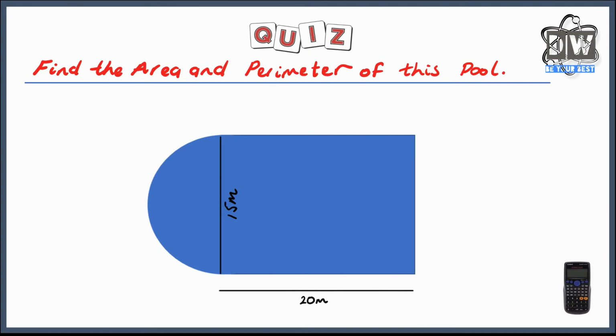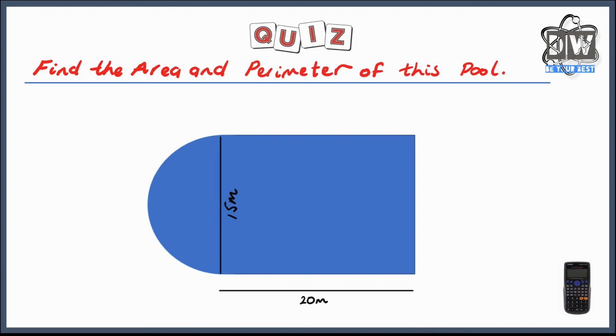So bear that in mind when you're working it out, please. Pause the video, give it a go. If you have no idea what to do, I would go back. I would give the full running or cycling track a go first and then come back and do this one. But anyway, if you know what you're doing, pause the video and come back and see how you're done.